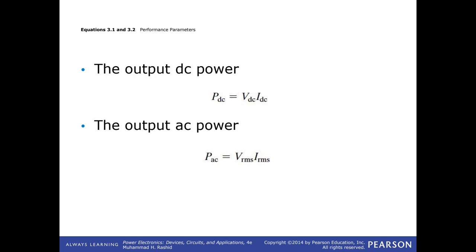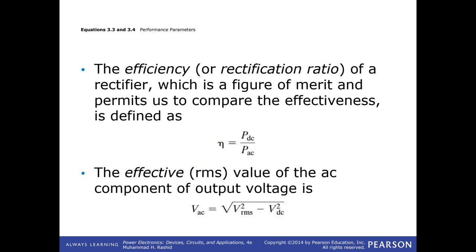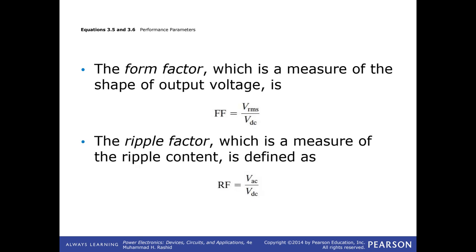the RMS voltage and RMS current is higher than these pure DC values. It gives you the input power. An efficiency of the rectification is DC over AC component. AC means the RMS values of the current, and also we can see the ripples as well. The form factor and ripple factor are defined accordingly. The AC component of the DC is what we don't like.